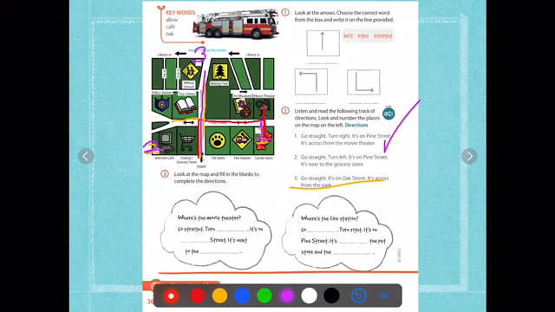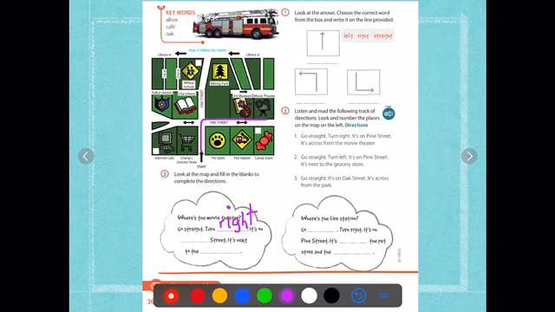Now, activity 3 says, look at the maps and fill in the blanks to complete the directions. Now, it says, where is the movie theater? If I start here, I turn right, okay, so it's right.